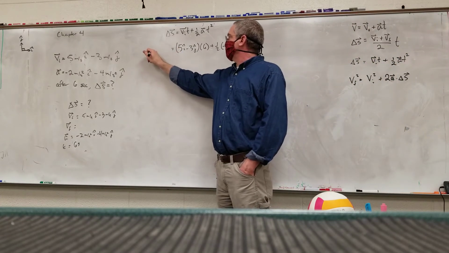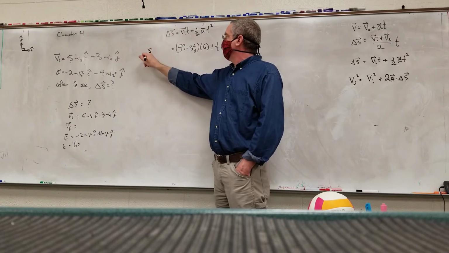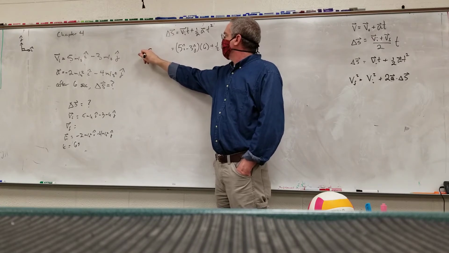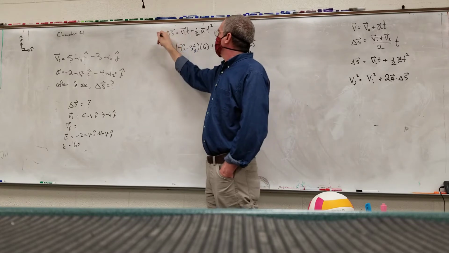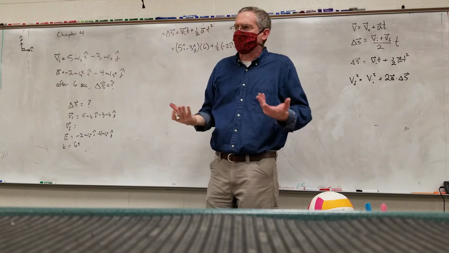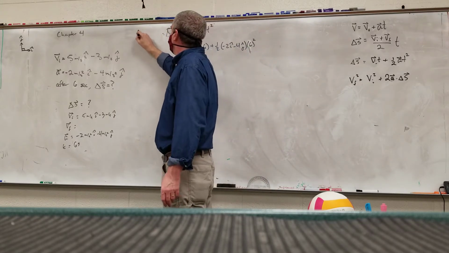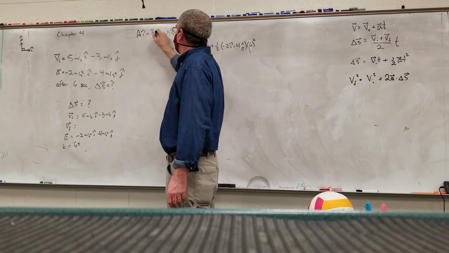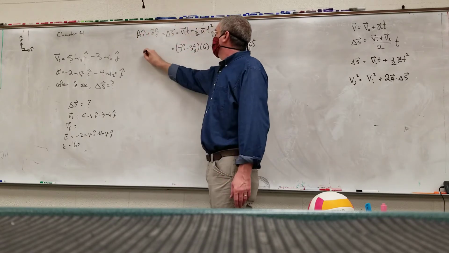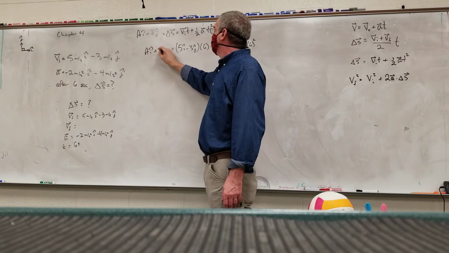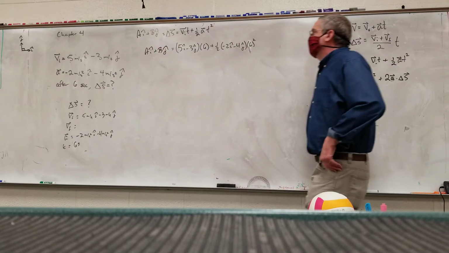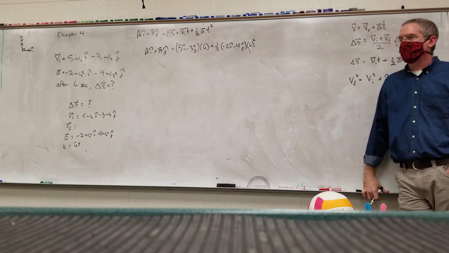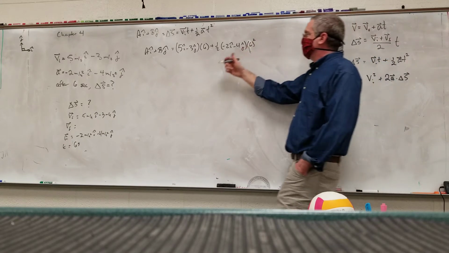And that's going to be equal to, let's see, let's express this. It's a two-dimensional problem, so I have I hat and j hat in it. Why don't we just call this A I hat plus B j hat. Let's go ahead and distribute here.